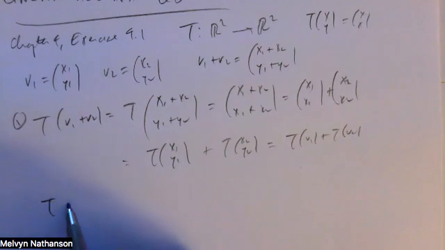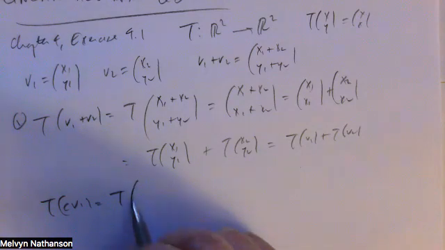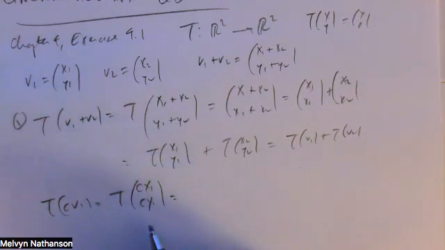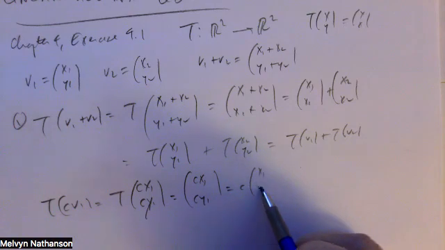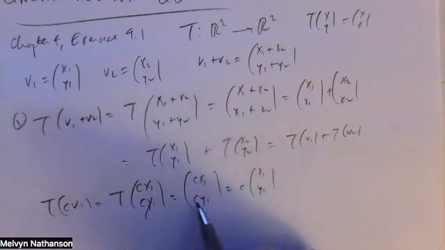And for the second, T of c times v1, c times v1 is the vector (cx1, cy1). So you apply T to this, you get (cx1, cy1), which is c times the vector (x1, y1). Sorry, this is (cx1, cx1).